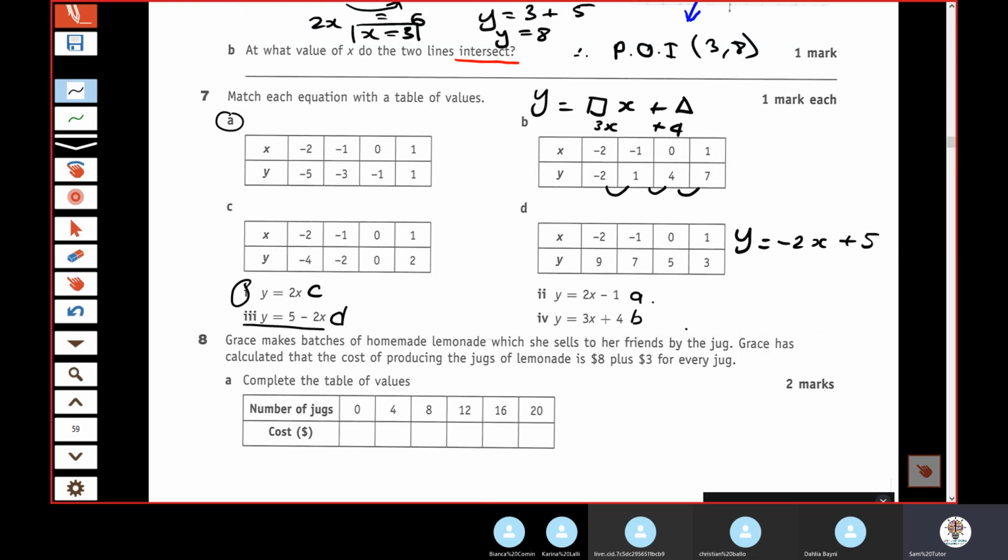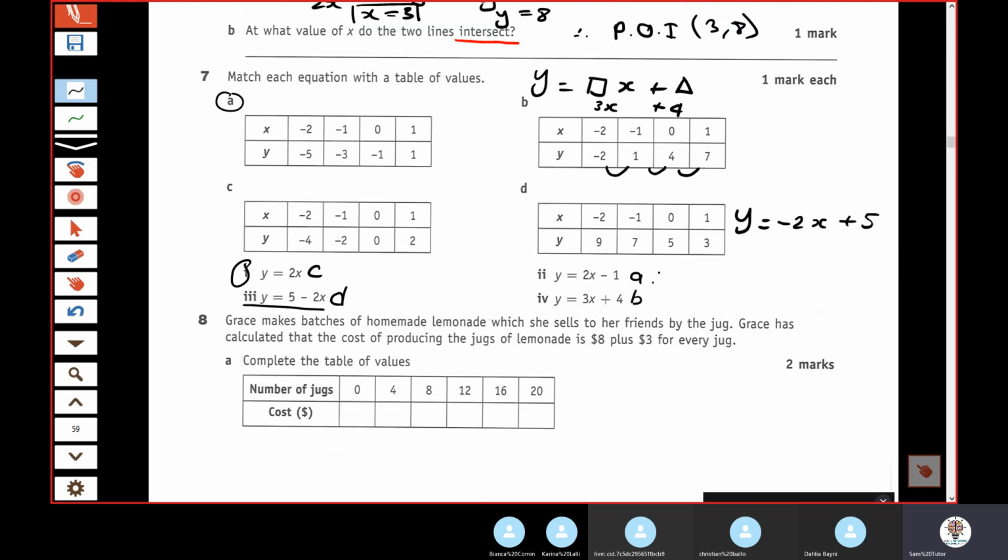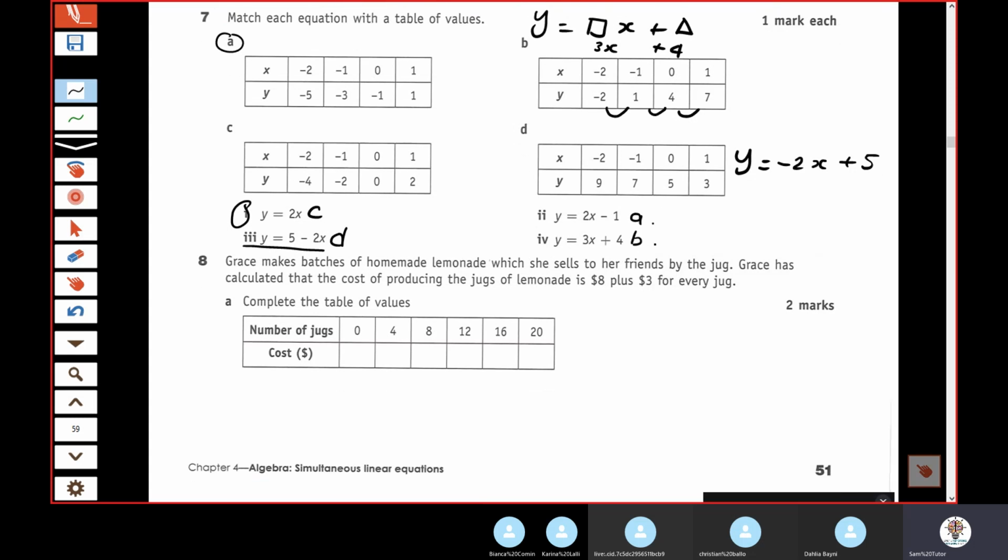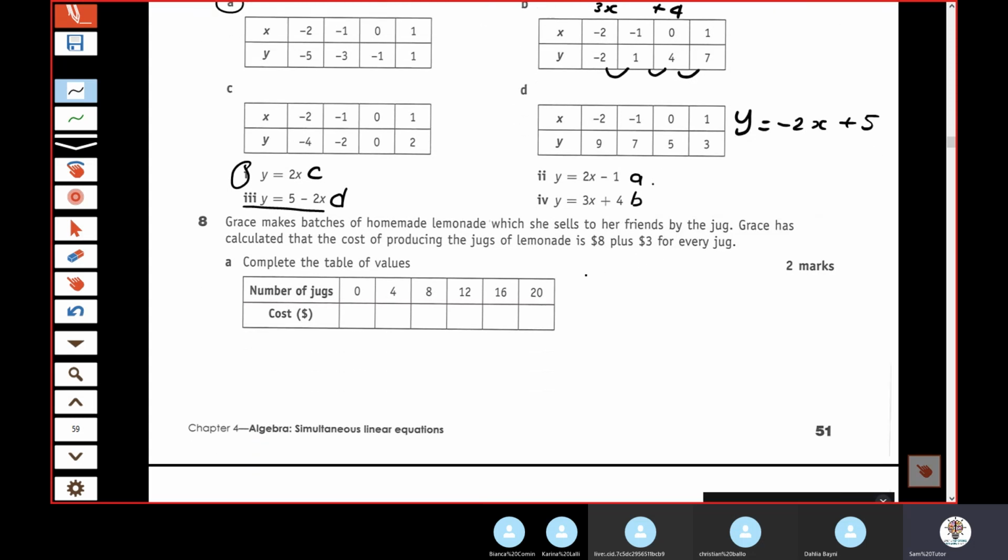Number 8. Are we up to number 8? Grace, like I said, the formula has to be y equals 8 plus 3x. So that's 8, that is 20, 24, that's 32, 36 plus 8, we're looking at 44.